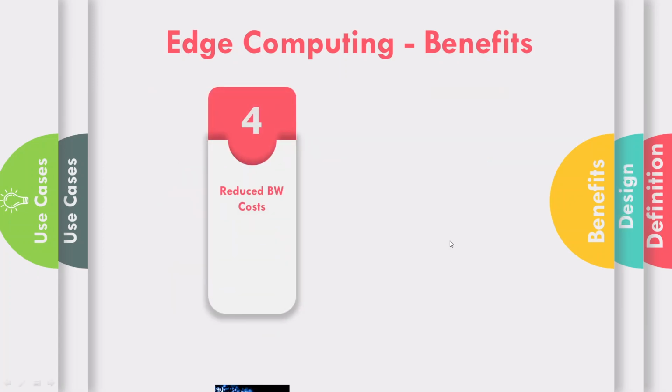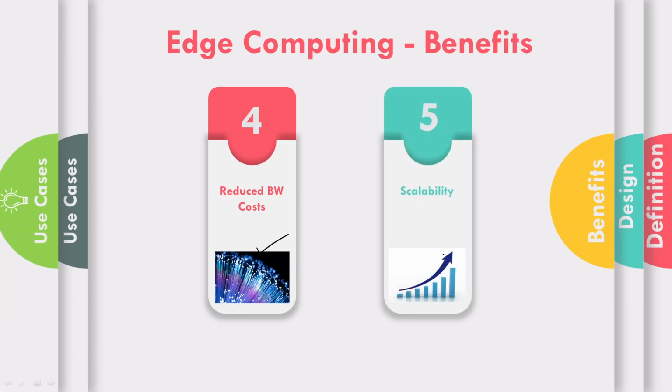Another benefit of edge computing is reduced bandwidth costs. Now that we don't send all the data all the way to the cloud, we need limited bandwidth when we send some reports, some returns, or when we connect to the cloud. Another benefit is scalability.